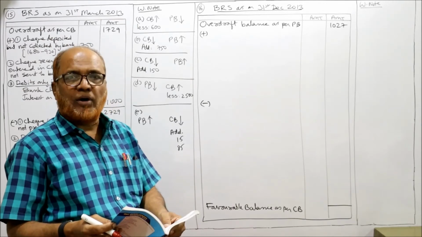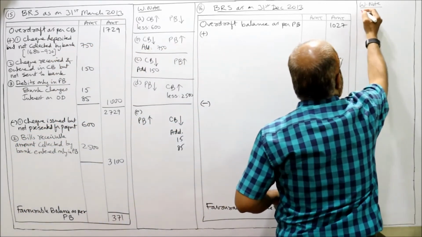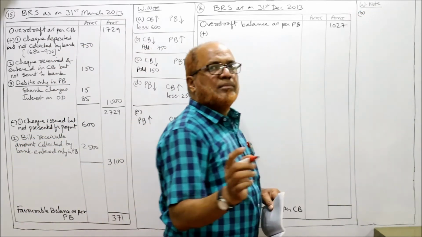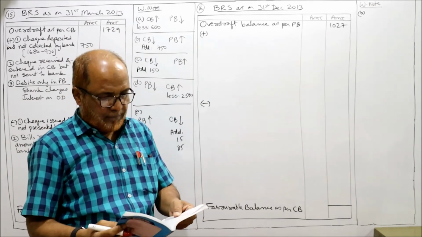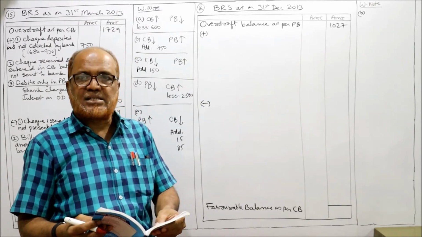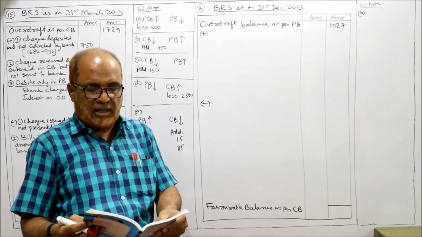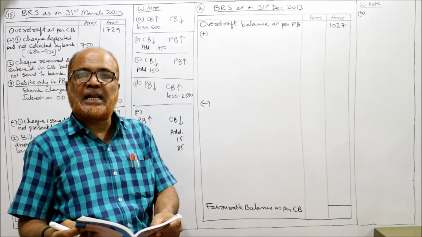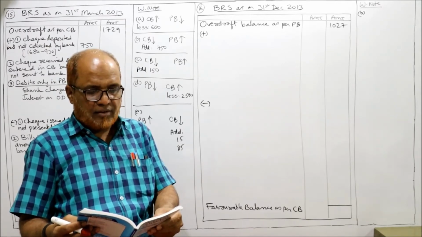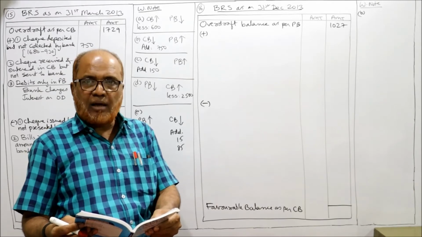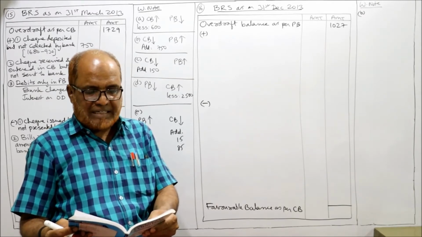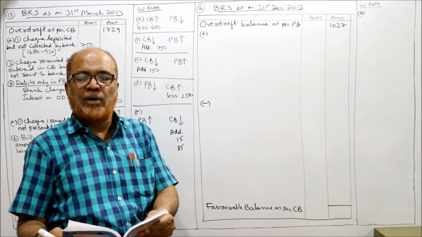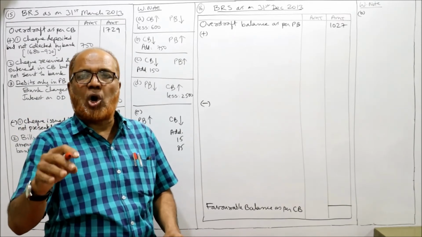Now, B point. I am taking the B point. It's a lengthy problem, so concentrate fully. Four checks drawn on 31st December but not cleared till January following. Rupees 12, rupees 1021, rupees 98, rupees 113. So 4 checks were drawn.